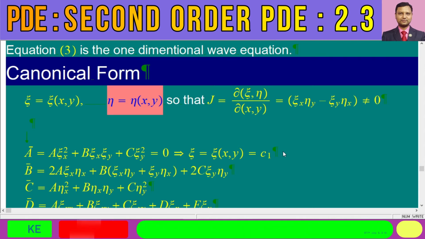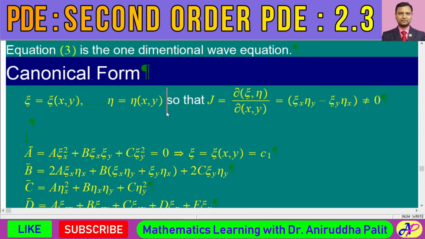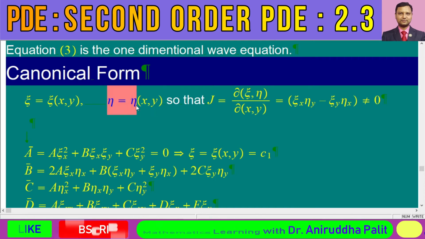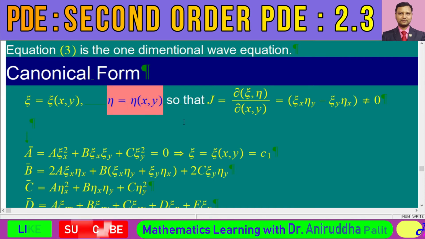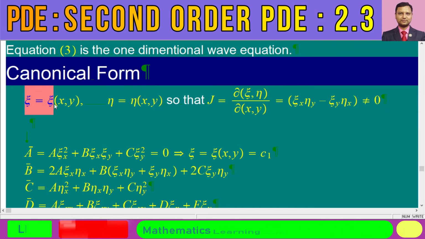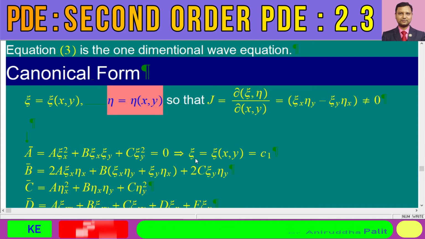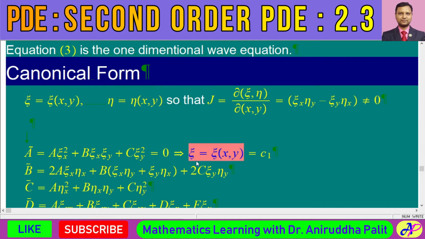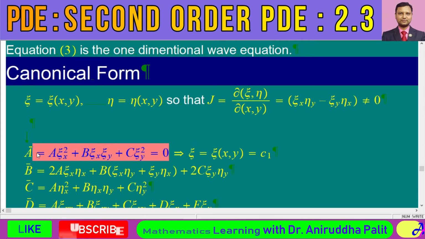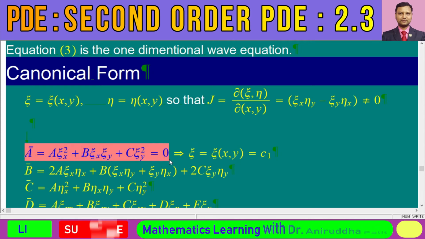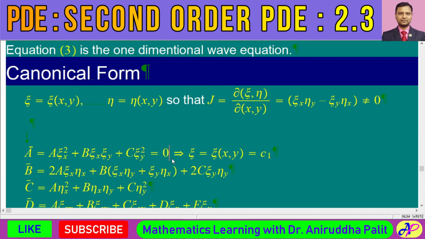So we will have to choose another expression of eta from our experience, so that xi and eta become independent of each other. We can obtain the expression of xi if we impose the condition a bar equal to 0.